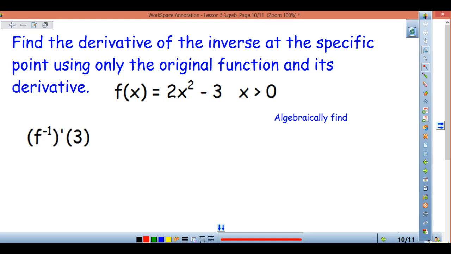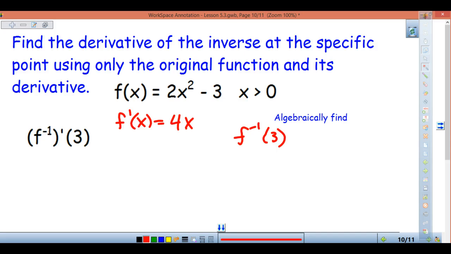Okay, let's look at one more example. So f of x equals 2x squared minus 3 for x greater than 0. Find f inverse prime of 3. All right, so then I would want to know what f prime of x is, so that's something important. For x, I would also need to find f inverse of 3.